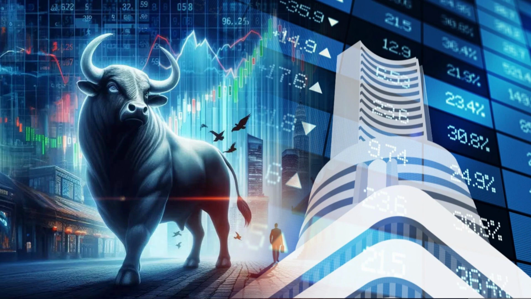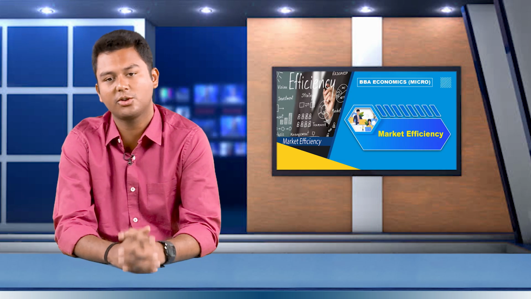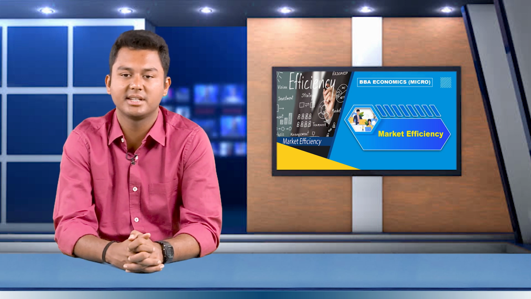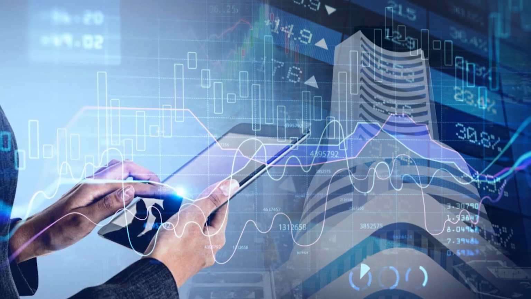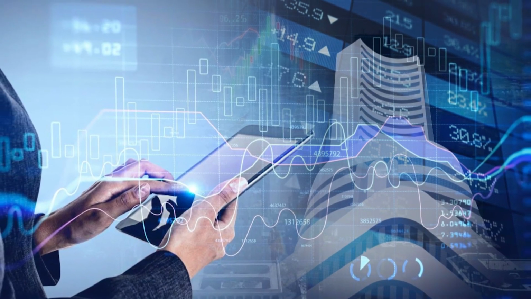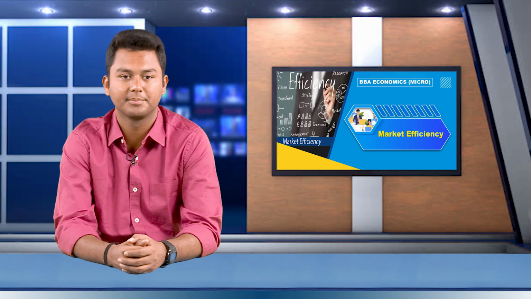Next is the market for stocks. An efficient stock market ensures that stock prices reflect all available information, preventing investors from exploiting abnormal profits and ensuring fair returns for both buyers and sellers, and avoiding a market crash further.